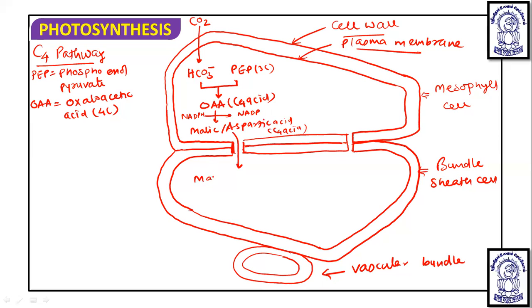Now here malic or aspartic acid undergoes decarboxylation, and with this decarboxylation this 4 carbon acid is converted into a 3 carbon acid, that is pyruvic acid. So this pyruvic acid is of 3 carbon.